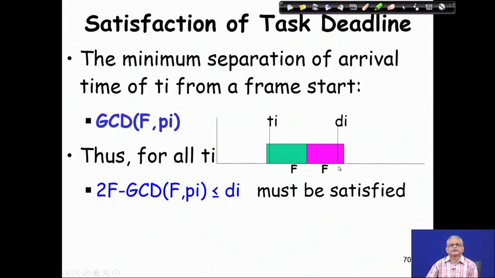So, the deadline, if it is here at the end, then we may just be able to meet it, and that is what is expressed here. 2f minus GCD(f, pi) is less than or equal to di, that must be satisfied for every task.